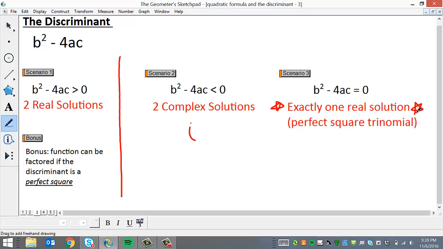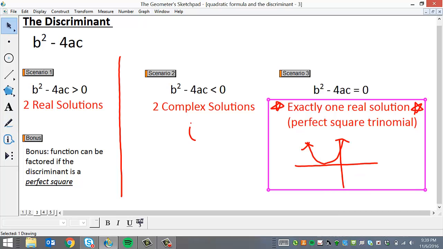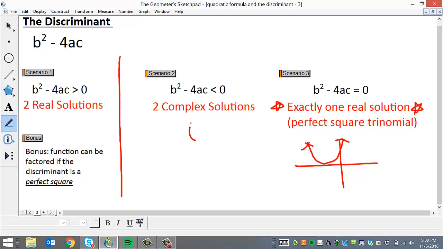In other words, if you have exactly 1 real solution, that's a signal to you that the vertex of your parabola is on the x-axis, which is a signal, of course, that we learned in class, that you have a perfect square trinomial. So if your discriminant equals 0, that's a signal to you that the original function you were looking at is actually a perfect square trinomial, and that you can factor that. You definitely can factor perfect square trinomials.